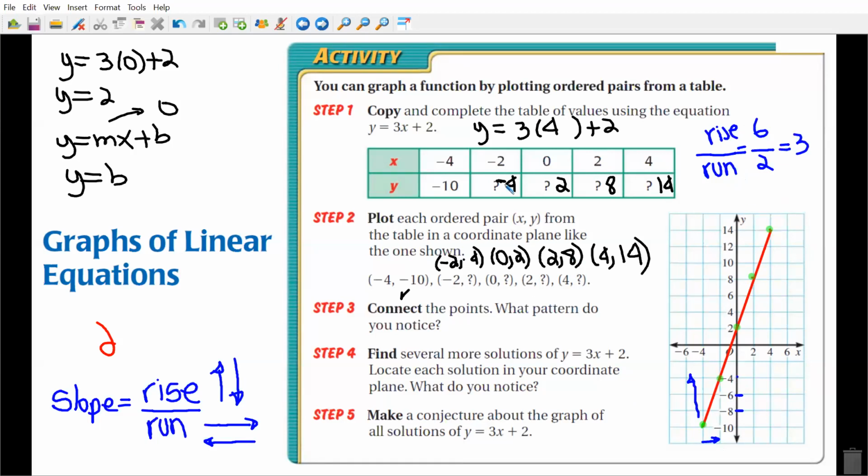Can you see a 3 in this equation? Yes, the slope. So that is going to be the slope, right?